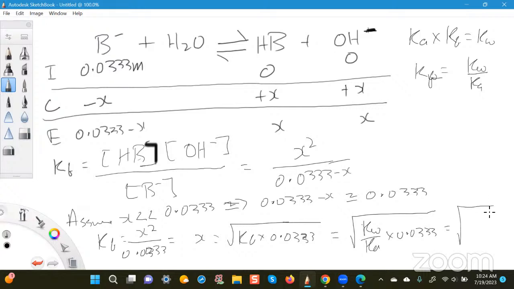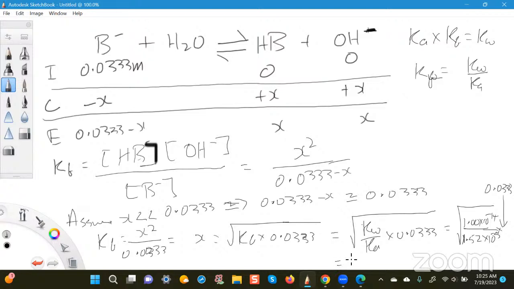Then we put the numbers in. Kw is 1.00 times 10 to the minus 14. Ka was given earlier in the question: 1.52 times 10 to the minus 5. And we multiply that by 0.0333.